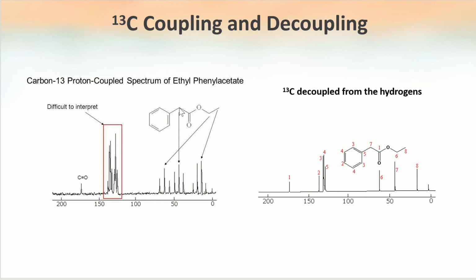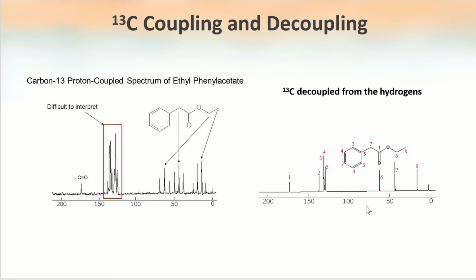And that is the proton on the carbon splitting the carbon signal, as compared to the carbon-13 spectrum decoupled from hydrogens, where we just have singlets, right? So this spectrum looks less complicated. We just have singlets, and each line represents a carbon in a different electronic environment, right?